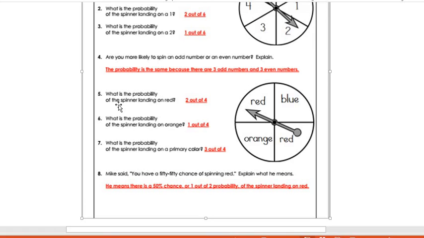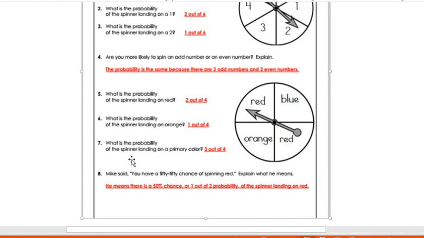What's the probability of the spinner landing on red? I have here 2 reds and the total here 4. Then the answer is very easy, 2 out of 4. What is the probability of the spinner landing on orange? Then 1 over 4, 1 out of 4.